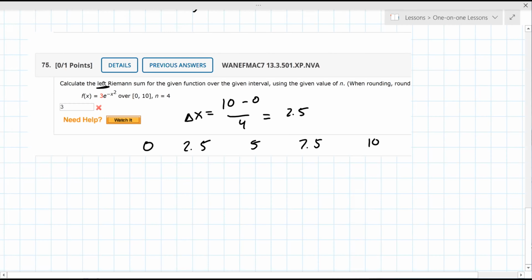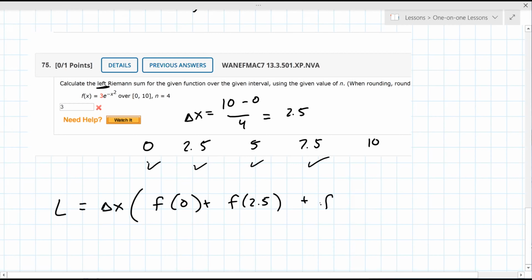Because it's a left sum, you're going to do 1, 2, 3, 4 of those. So your left Riemann sum is delta x times f of 0 plus f of 2.5 plus f of 5 plus f of 7.5.